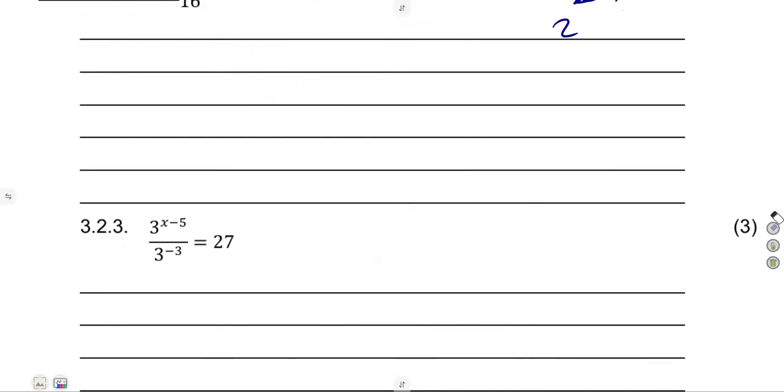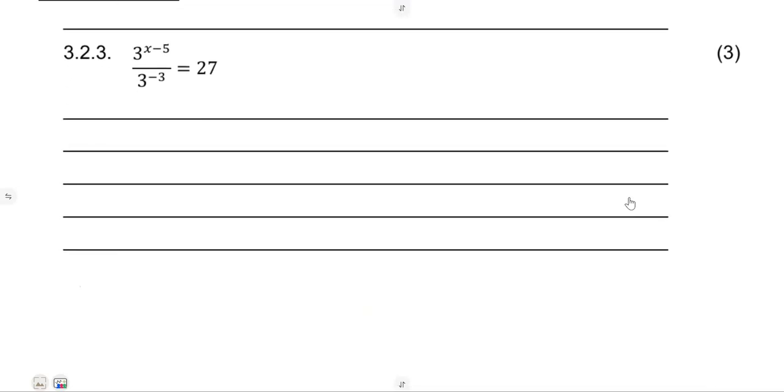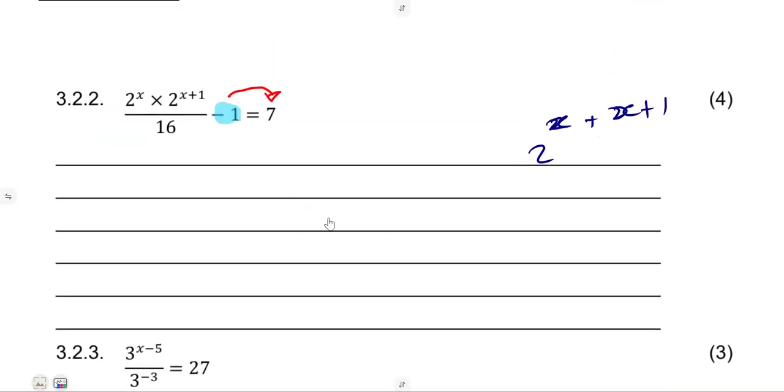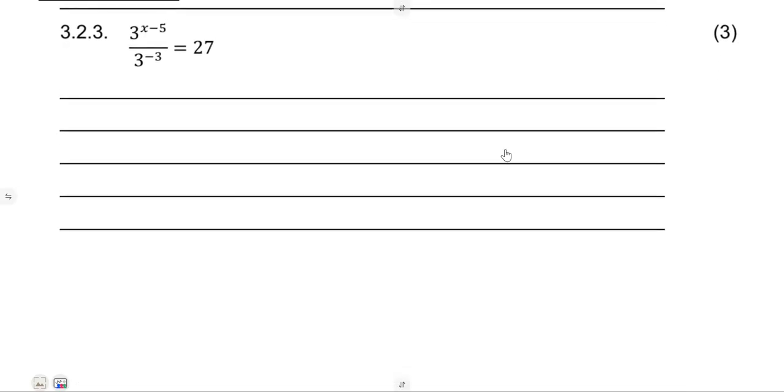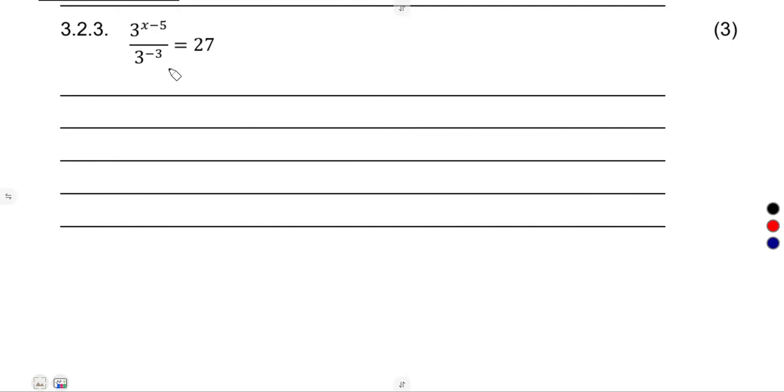All right, let's consider 3.23, which is also similar to this one. It is similar to the previous question. These are exponents, only that they have already been simplified here, so we can choose to work it out any way that we want. From the previous calculation, we saw that in a division, you subtract the exponents. So it was going to be x to the exponent of x minus 5, since we are referring to the same base, then we subtract minus 3.